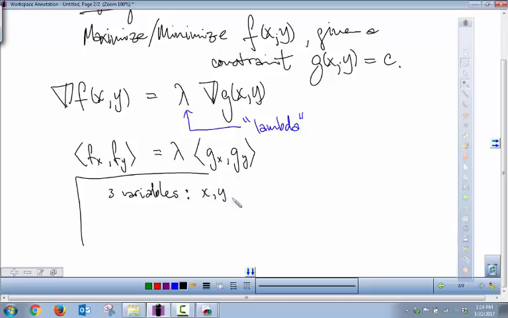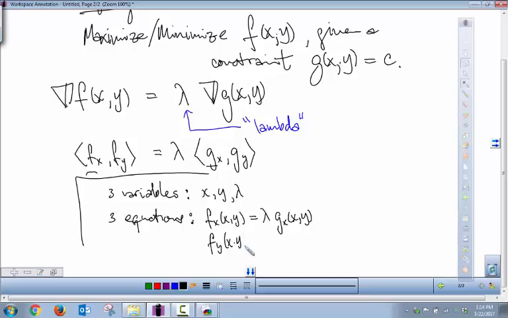X and y. And then there's also this unknown lambda. So we have 3 variables. We're going to need 3 equations. And that's f sub x of x and y is equal to lambda times g sub x of x and y. So that's the first component of your vector. And then you have f sub y equal to lambda times g sub y.